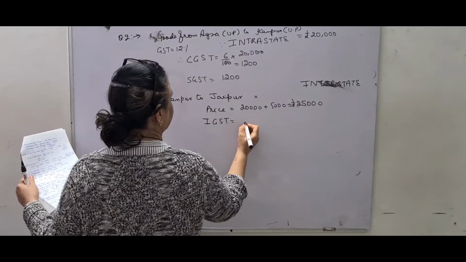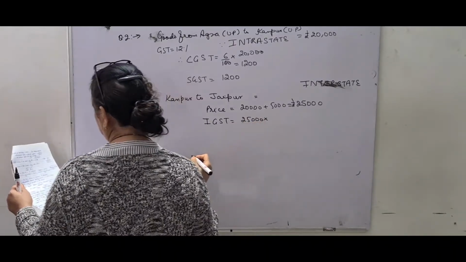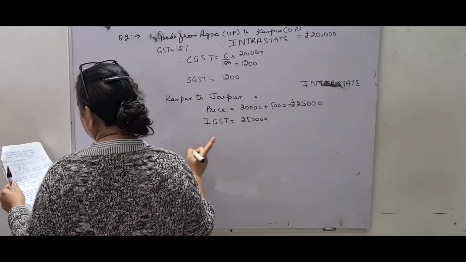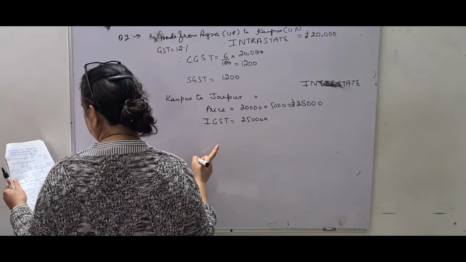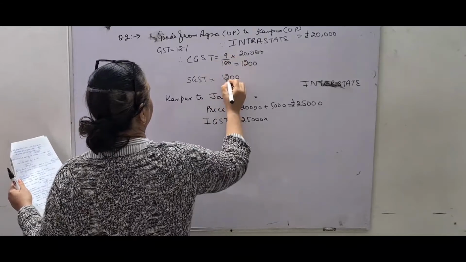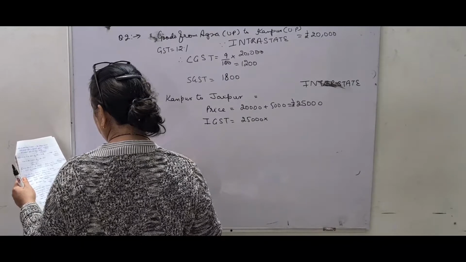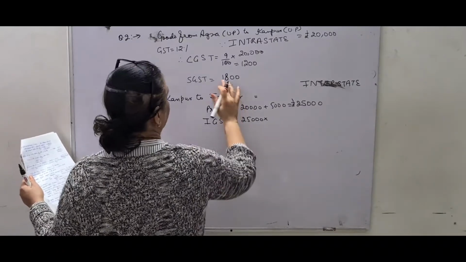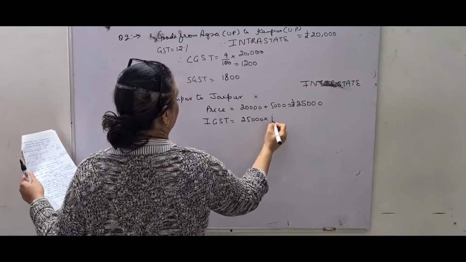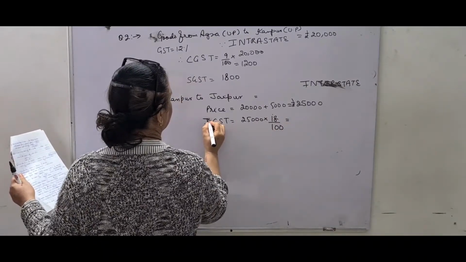IGST: 25,000 into the rate of GST, which will remain the same, but since it is interstate, you will calculate 18% directly because it is IGST.